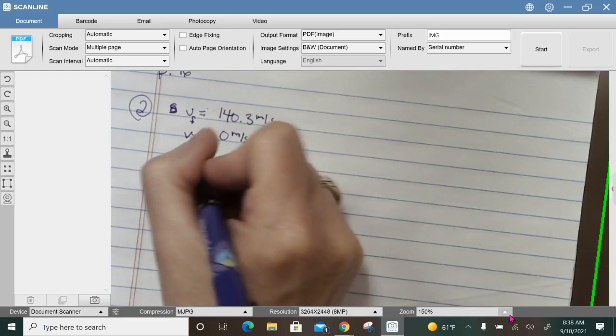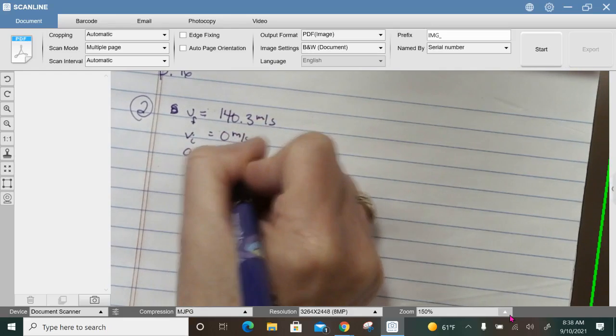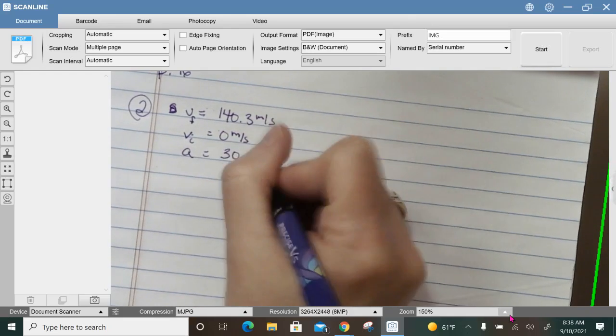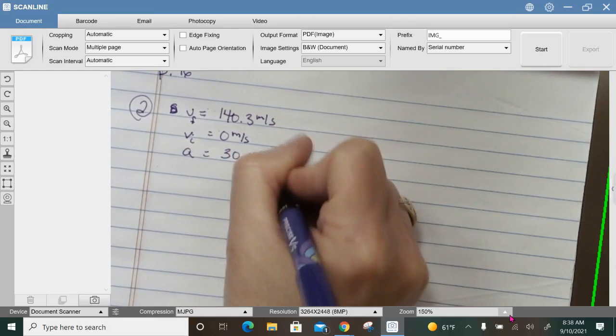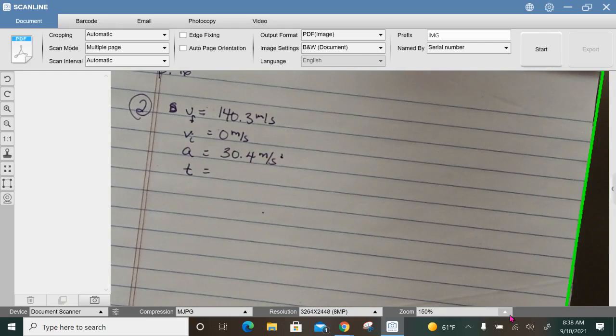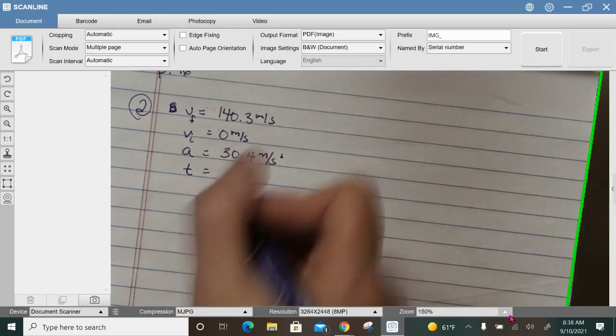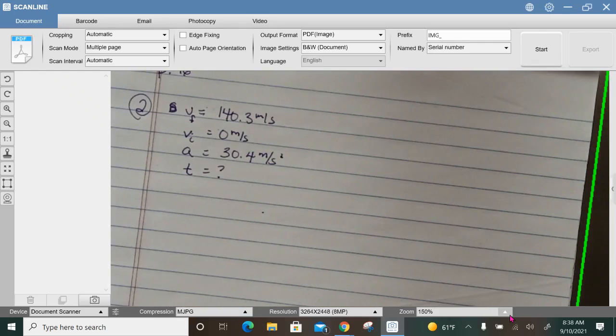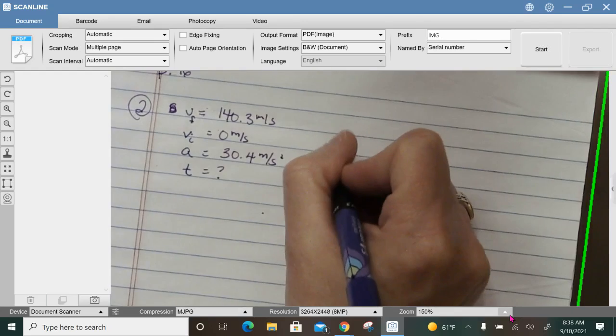And his acceleration is 30.4 meters per second squared. And what are we looking for? Time. So we need an equation that relates final velocity, initial velocity, and time. And that is our average acceleration equation.